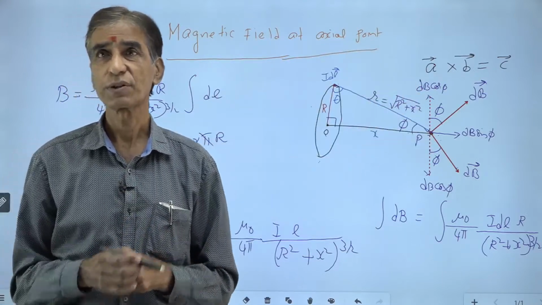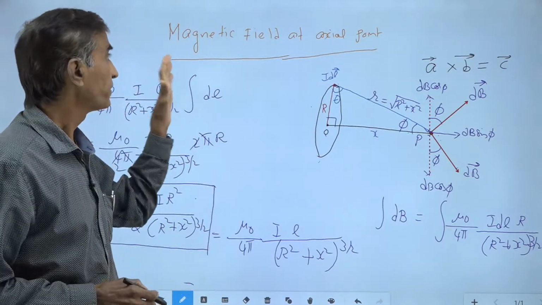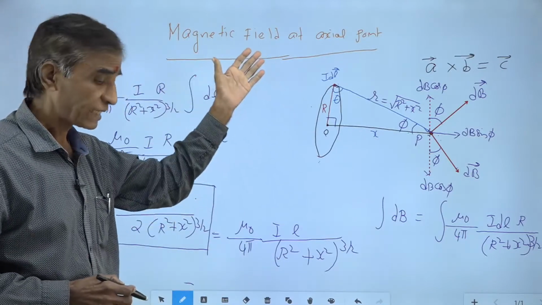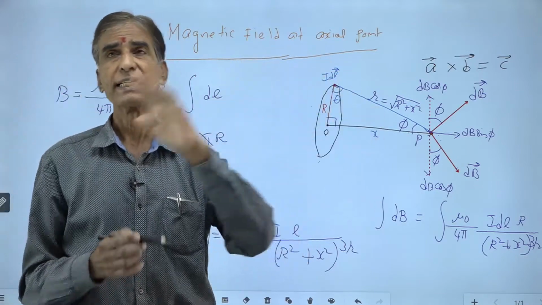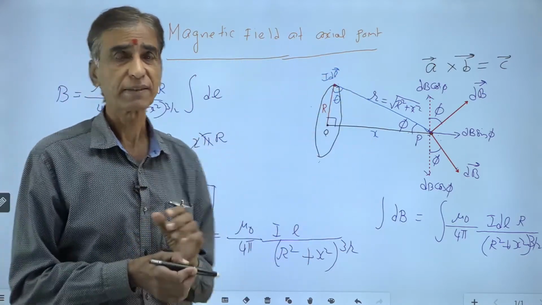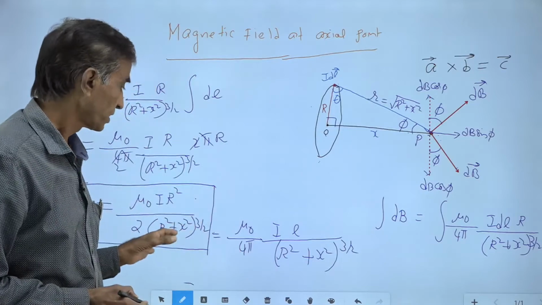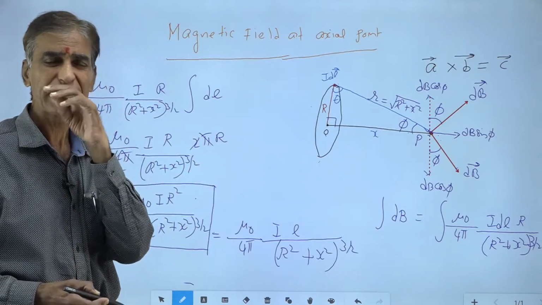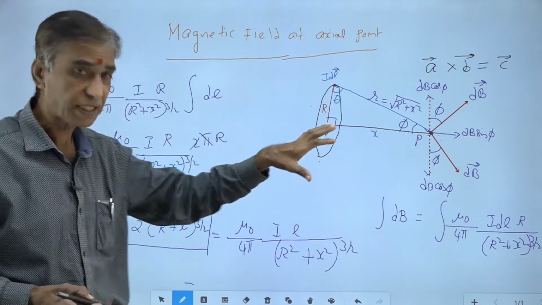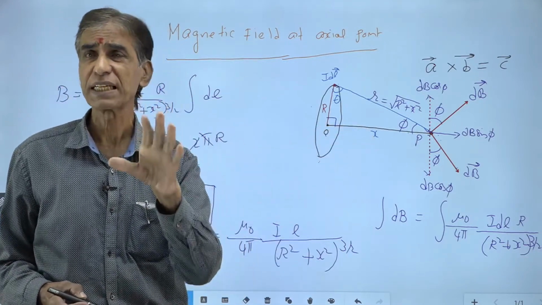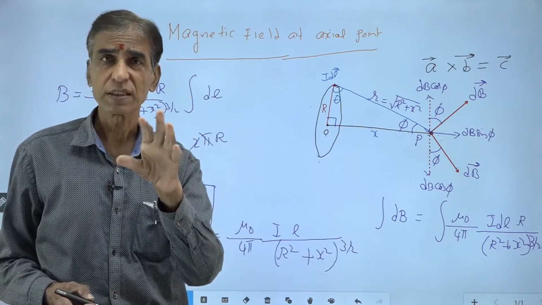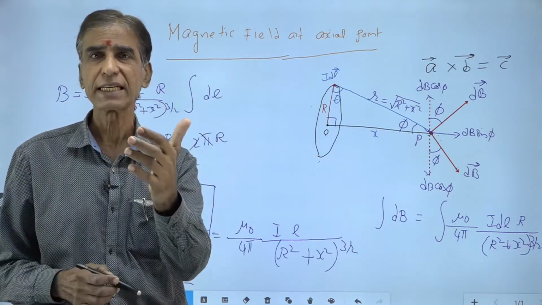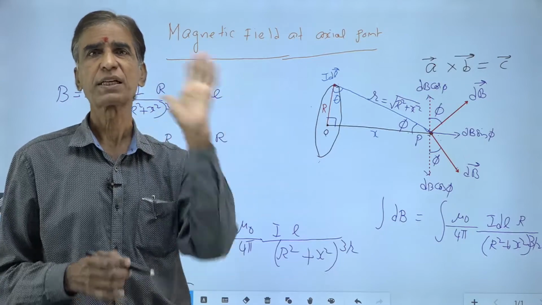That is the field, and the way we calculate the field may be useful for your board exams. For IIT exams, the method is very important. For JEE Main, NEET, Advanced, the method is important. How we select the element, how we are integrating, that is all very, very important here.